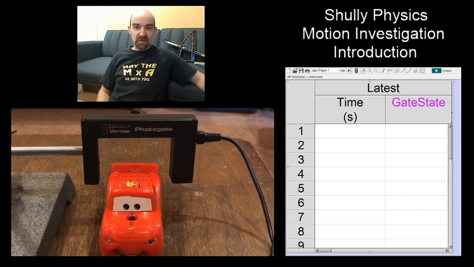The first one is a constant velocity motion, and the second is an accelerating motion. So Lightning McQueen is going to move at a constant speed under his own power at first, and in the second segment he's going to be rolling down a hill uncontrolled with acceleration. And we're going to try to collect some more precision data with that.